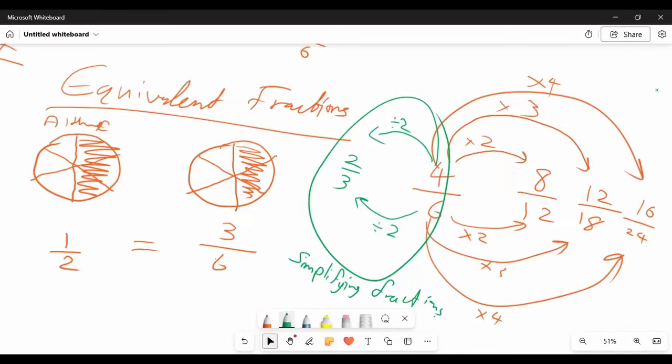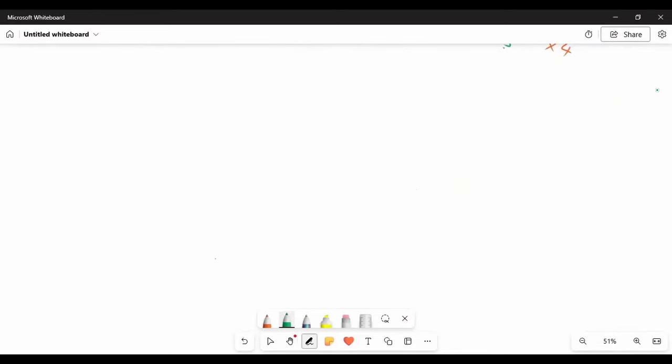So simply, equivalent fraction means, for example, let's take another example, 10 over 15. In order to find an equivalent fraction for this 10 over 15, there are two methods.